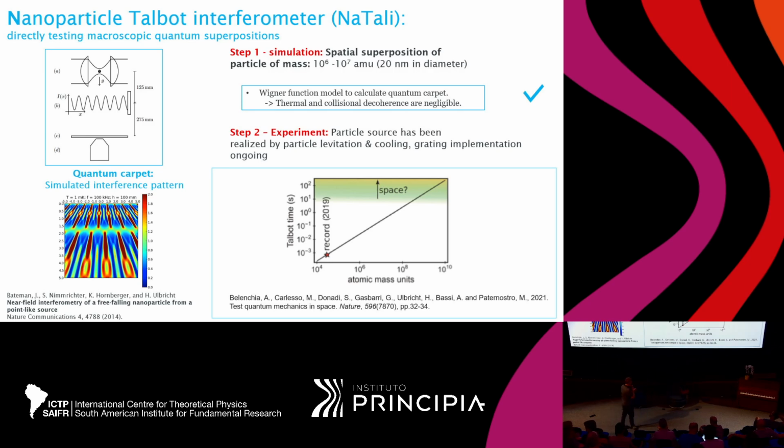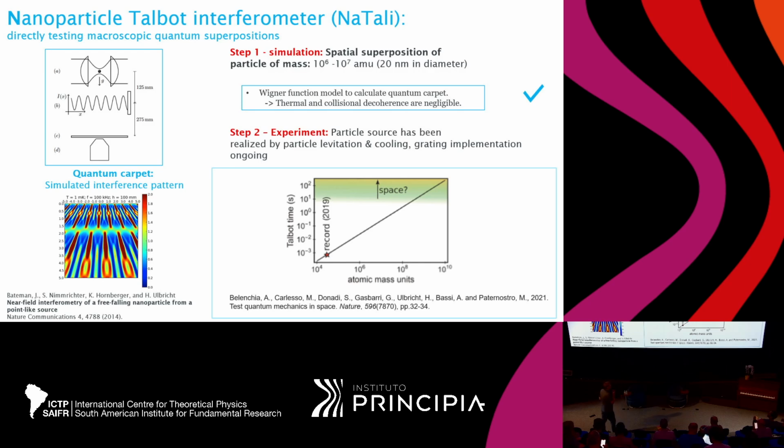So that's a graph which shows this more directly. Here's the Talbot time. That's a Talbot interferometer. It's basically using near field wave effects to simulate this. There's a certain Talbot distance, or, if it's the time for the particle to drop, then it's a Talbot time, and that is nothing else than saying there's this natural spread of the wave function which takes time.